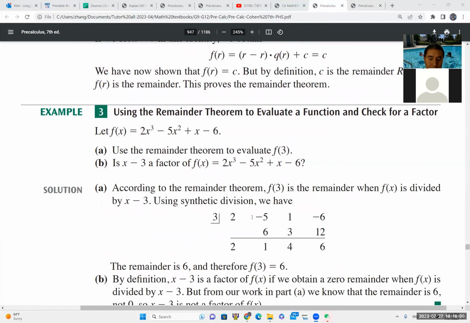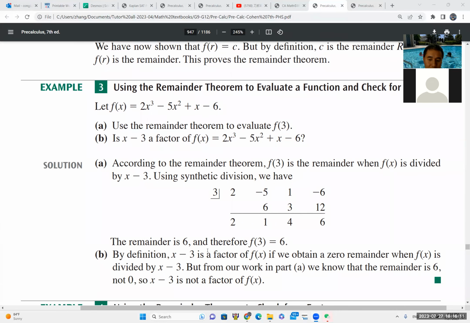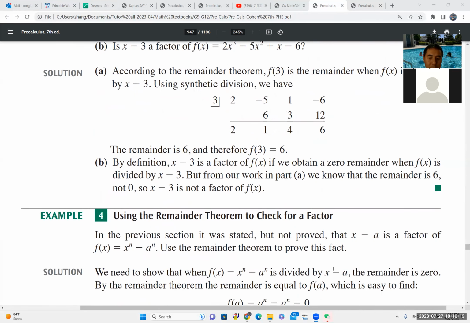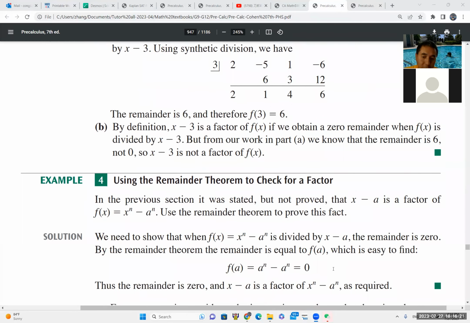They use synthetic division to get the remainder. As it's 6, this is not a factor, right? Check for a factor.